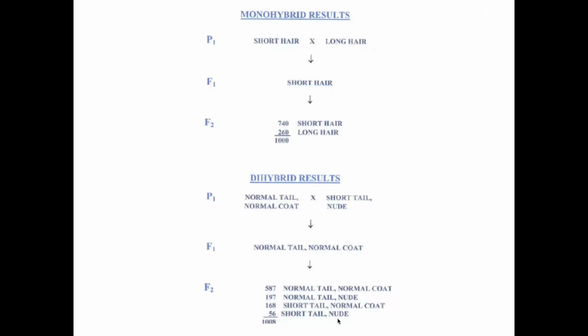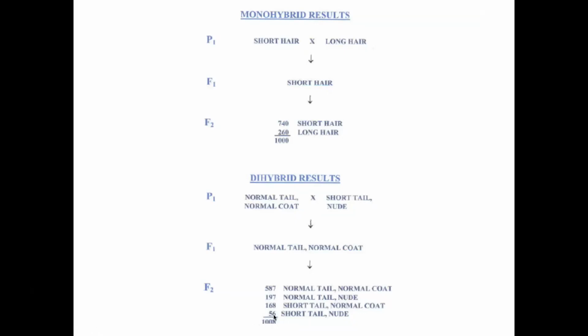So 4 different phenotypic types in this specific ratio. A total population of 1,008 mice segregating in this pattern. That pattern approximates a 9 to 3 to 3 to 1. It's not exactly a 9 to 3 to 3 to 1, but it approximates.